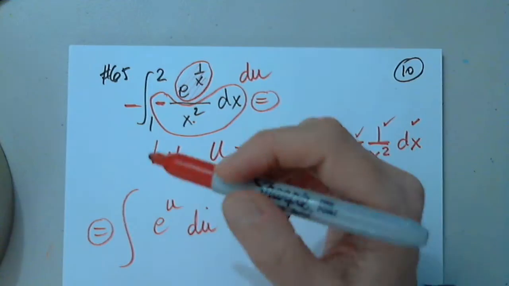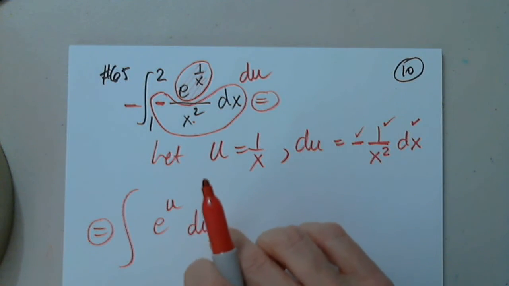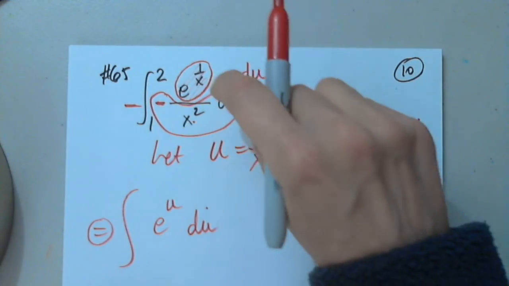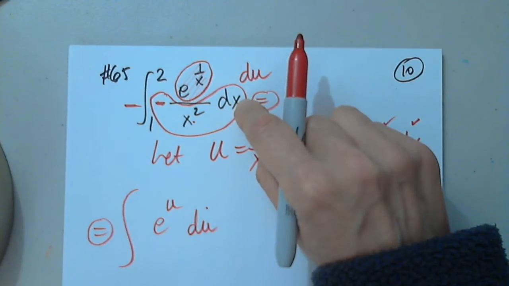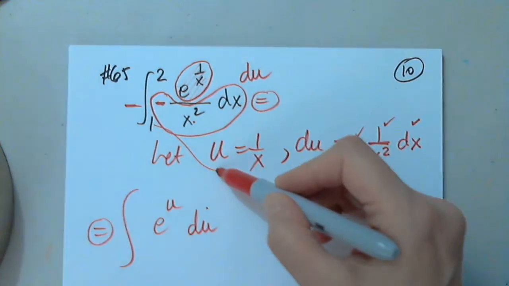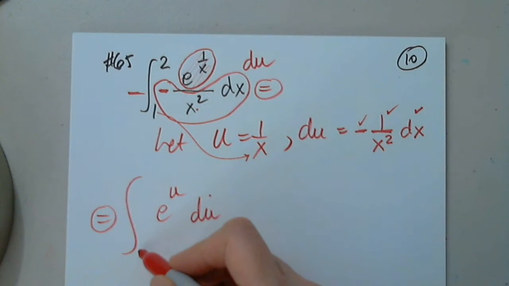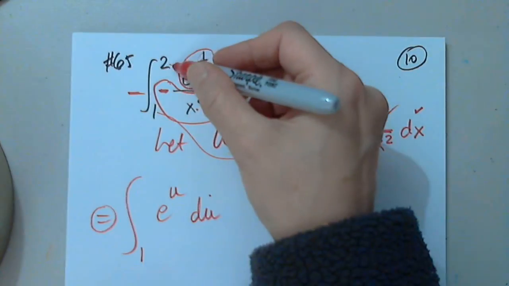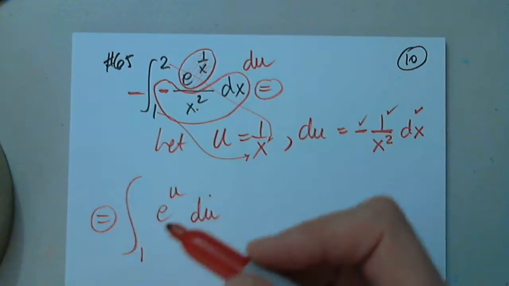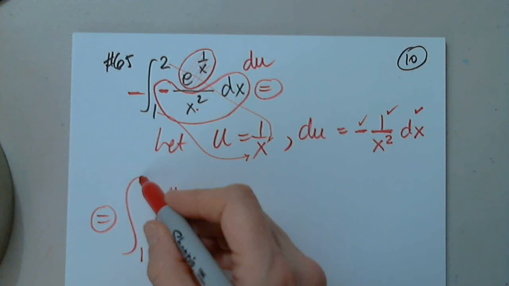So now I have to find the limits of integration for u. They cannot be copied from the limits of integration for x. So when x is 1, what is the lower limit for u? 1. Excellent. When x is 2, what is the upper limit for u?